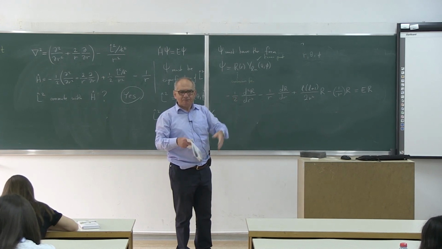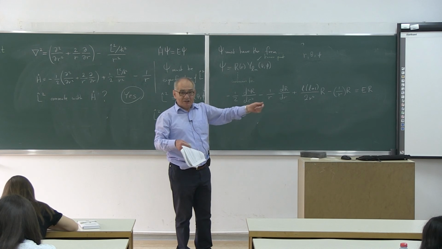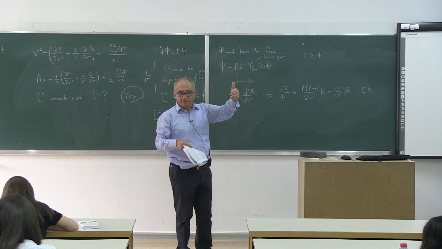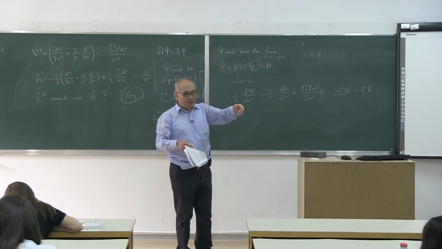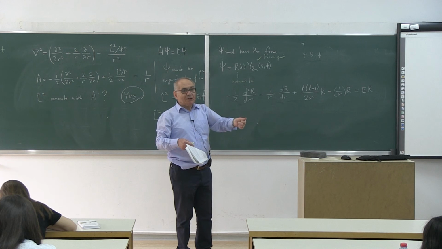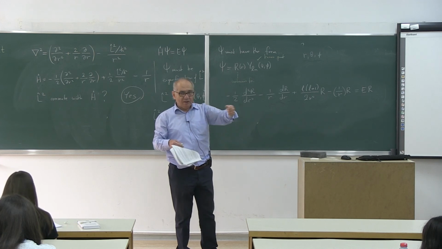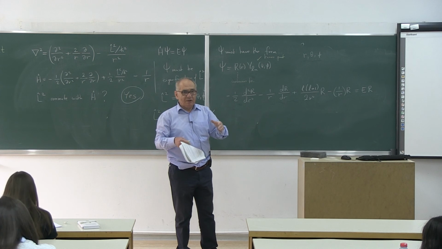What does it mean? The solution, the function R, should not become infinite at any point in space. What else? It must be continuous as a function of R. Such conditions are used for selecting the well-behaved solutions.